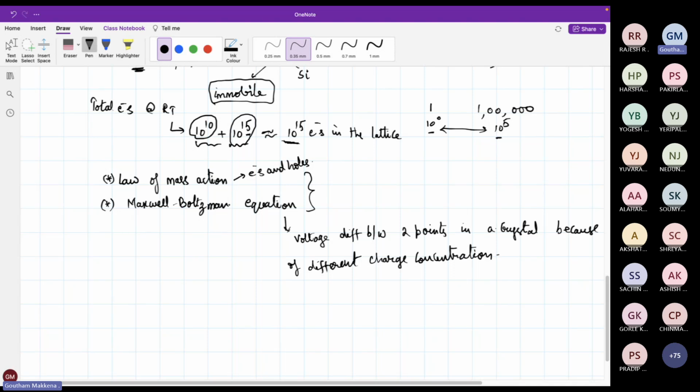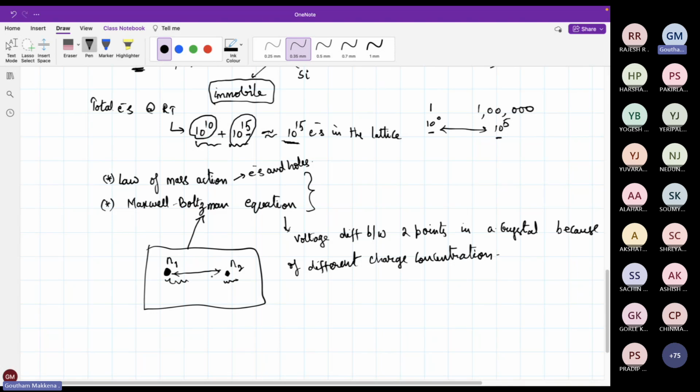But what this is trying to do is, in the crystal, one point has some charge concentration, n1 electrons, and another point has n2 electrons. There will be a potential difference between these two, given by the Maxwell-Boltzmann equation, which is a function of n1 and n2.